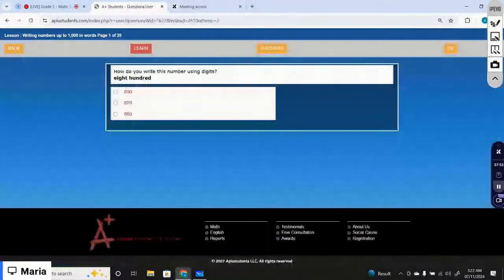How do you write this number using digits? 800. So how do you write?